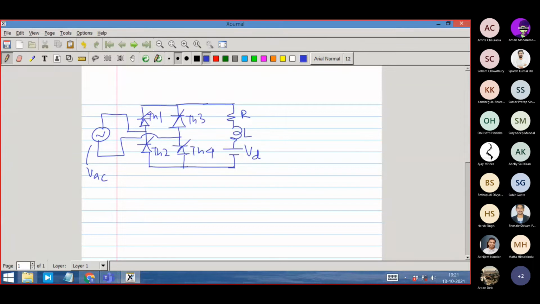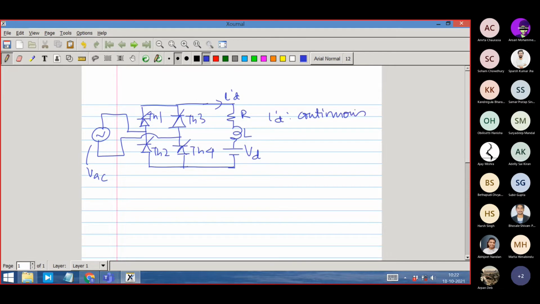Now, to analyze it, you must understand that there can be two modes of operation. Probably you have understood this from your DC to DC conversion: the inductor current, let us call it ID, can be continuous.